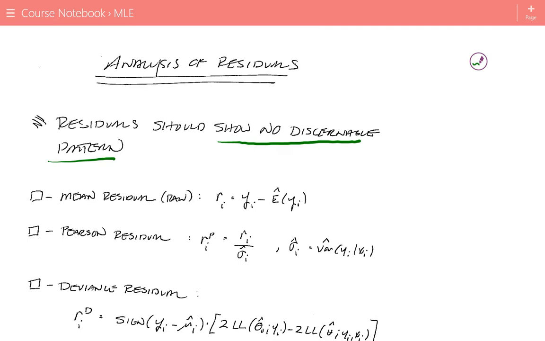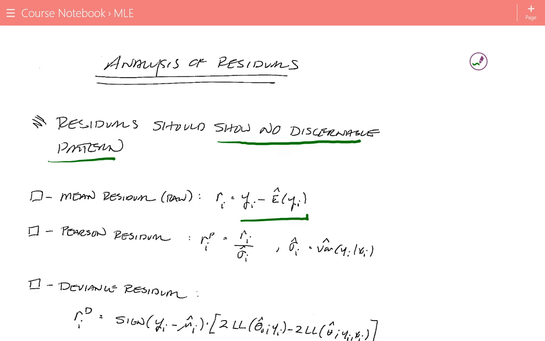So for example, if you were to do a gamma distribution, then the variance is a function of the mean, which means the actual residuals, being the y minus the predicted value or the predicted mean, if you were to plot them, you would expect the residuals to be heteroscedastic in accordance with the fact that the variance is a function of the mean, right?